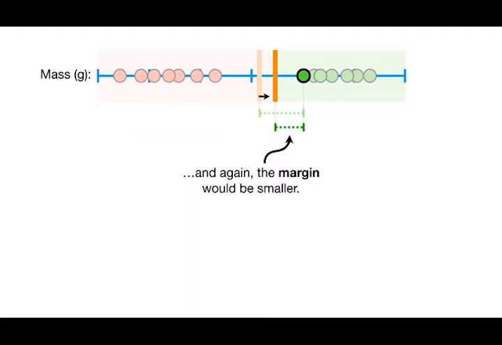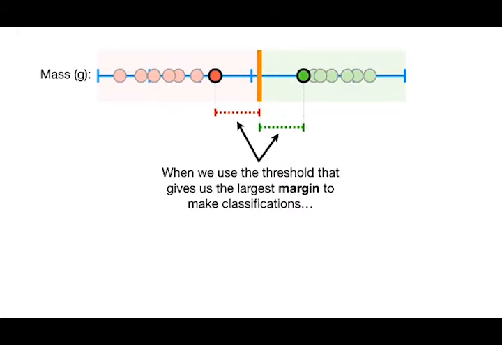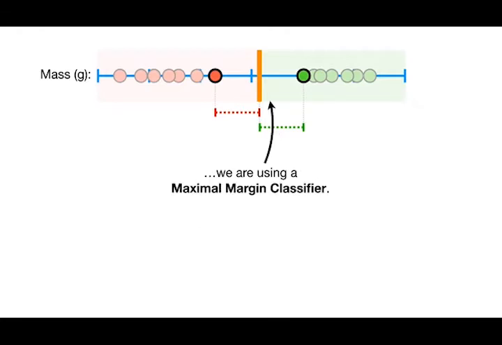And again, the margin would be smaller. When we use the threshold that gives us the largest margin to make classifications, heads up, terminology alert, we are using a maximal margin classifier. Bam? No bam.